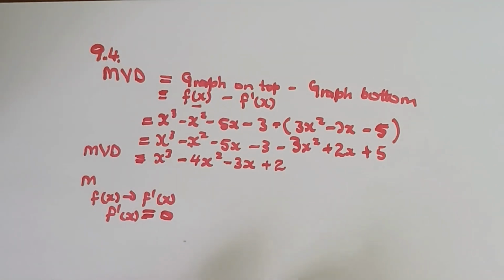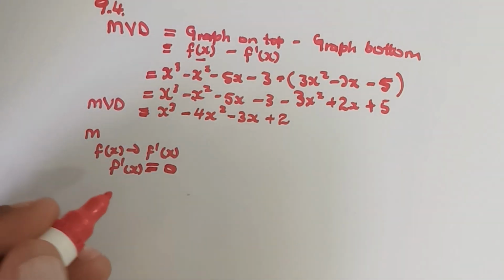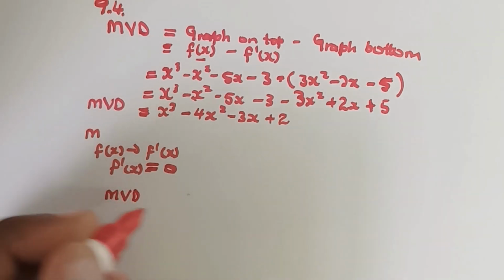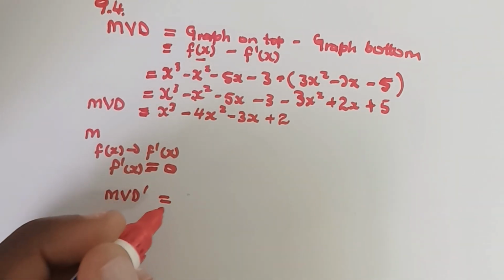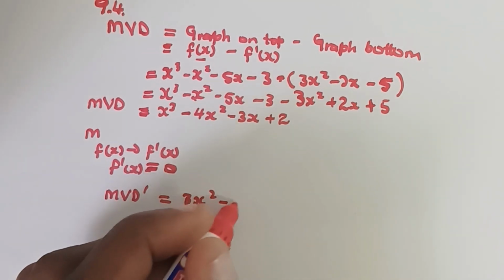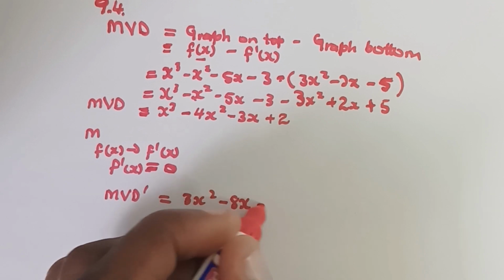So now, since we have a maximum vertical distance as that equation, let's derive that. Maximum vertical distance prime, we get 3x squared minus 8x minus 3.